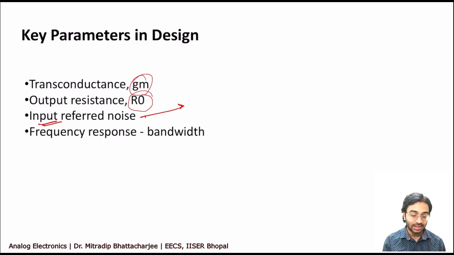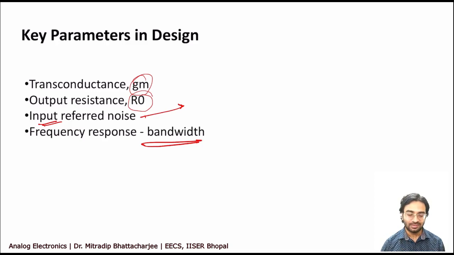Another important parameter is the bandwidth. So you want a circuit to work for say 1 gigahertz, 1 terahertz. Although it's an overstatement, 1 terahertz and something like that, it's very difficult to make. So there is a relation called the gain bandwidth relation.